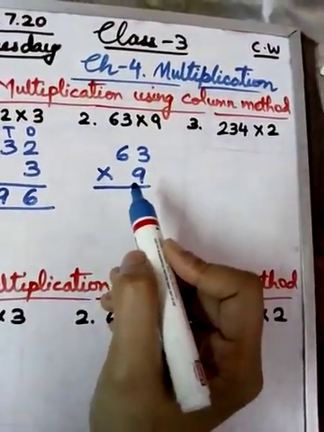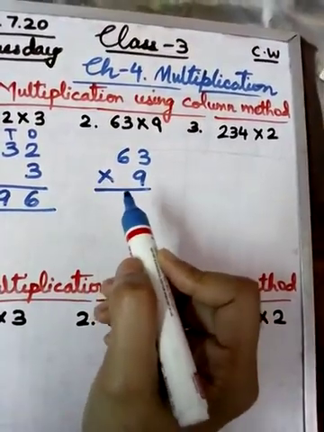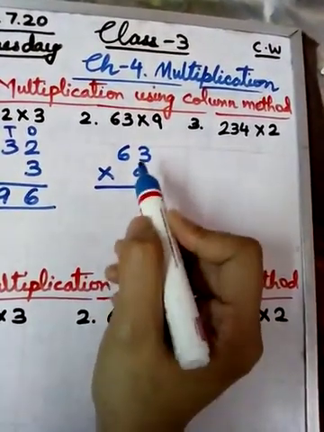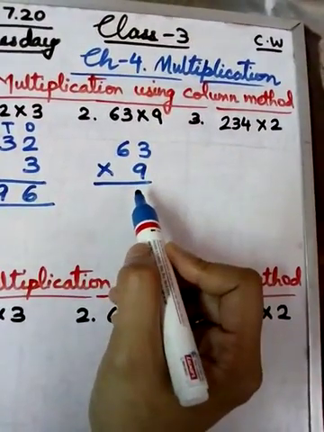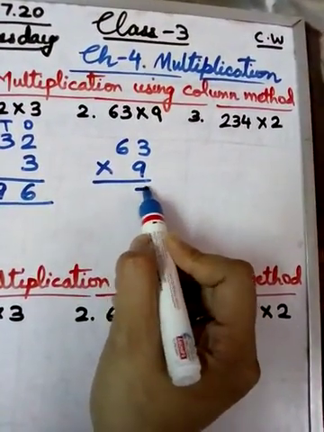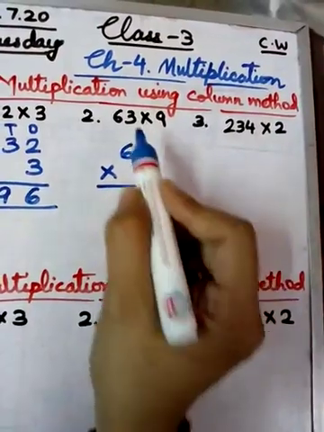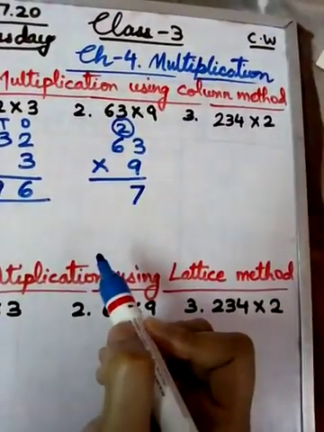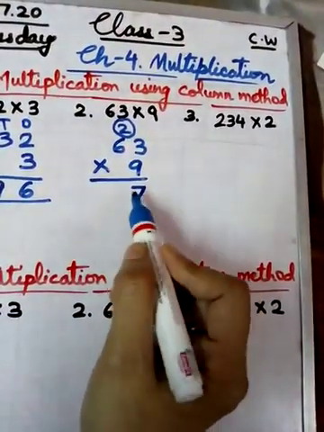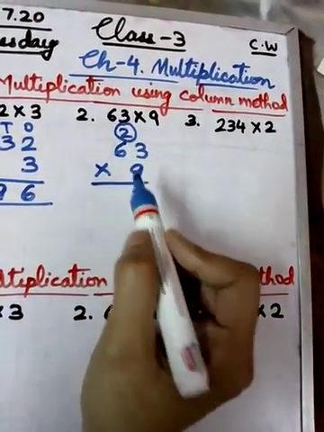See, remember, whenever we add, subtract, multiply, we cannot write a 2-digit number, because here 9 3s are 27. So what will you write? You will write 7 in the ones place and 2 will be your carry. 7 down, 2 up as carry.